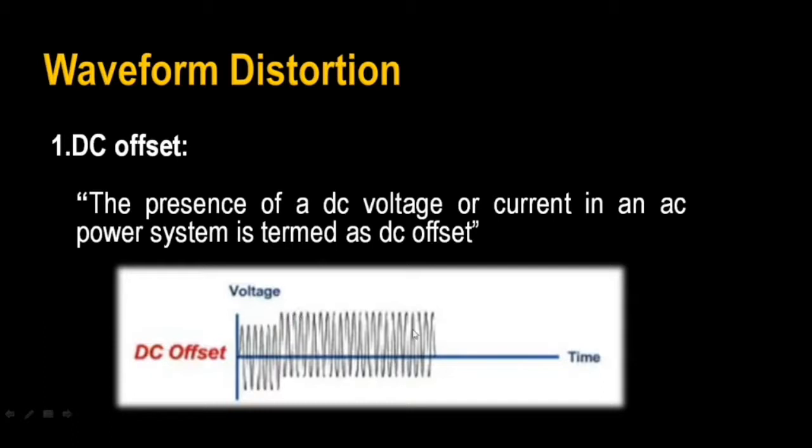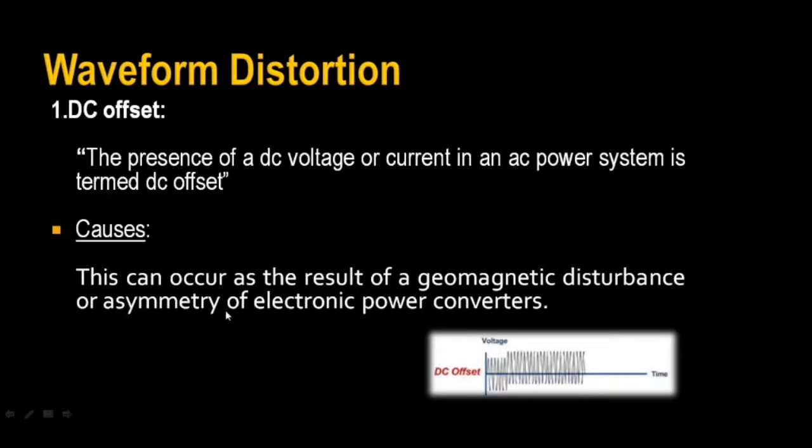By observing this waveform, we are considering the time on the x-axis and the voltage on the y-axis, and this particular waveform is composed of DC components, DC voltage or currents in an AC power system. That's why we call this a DC offset.